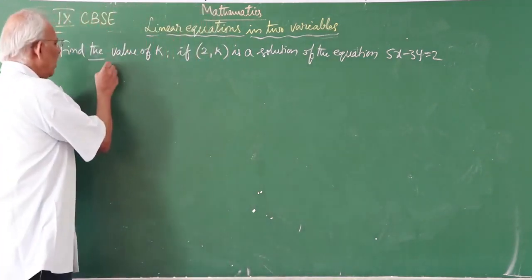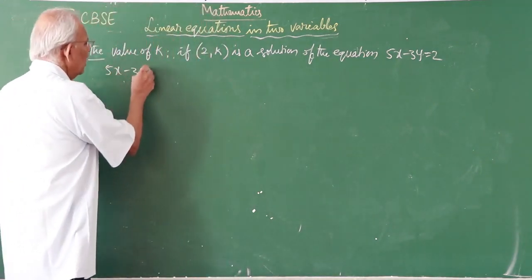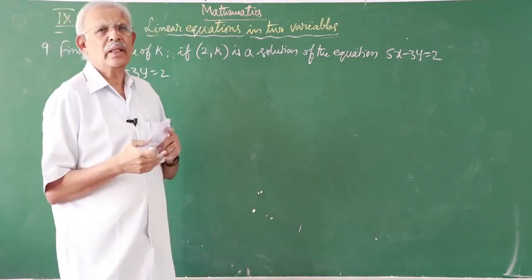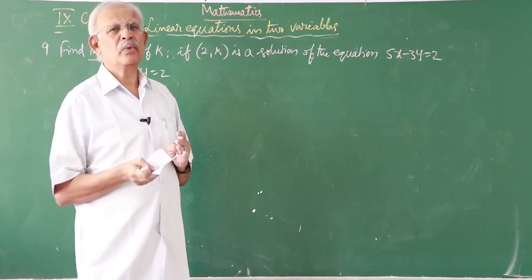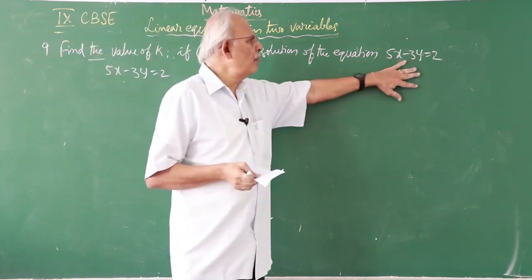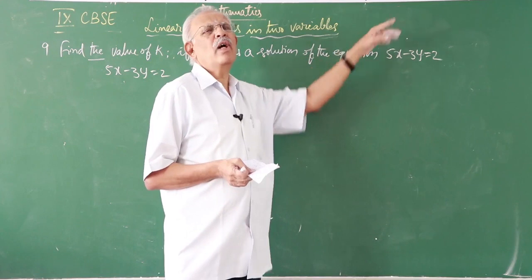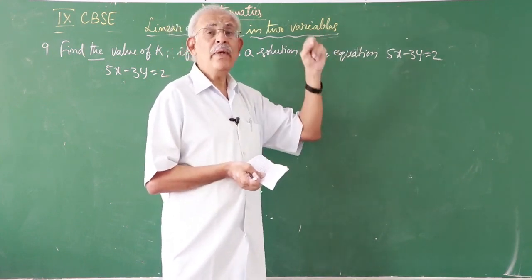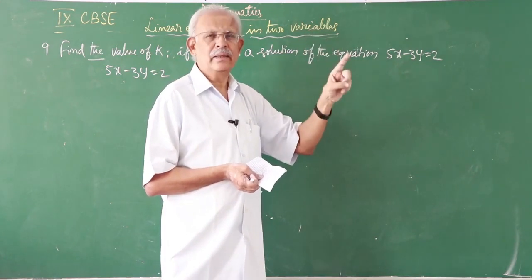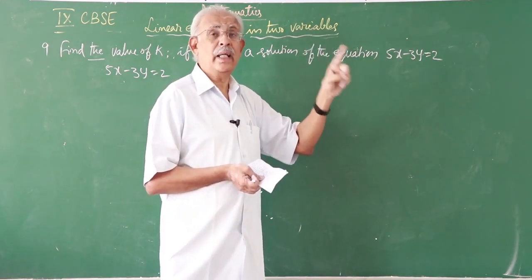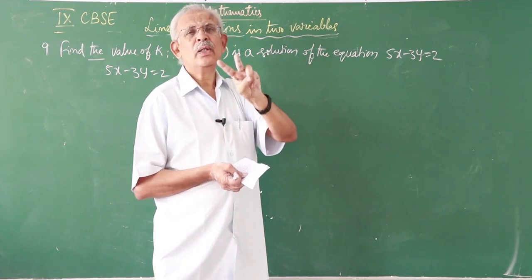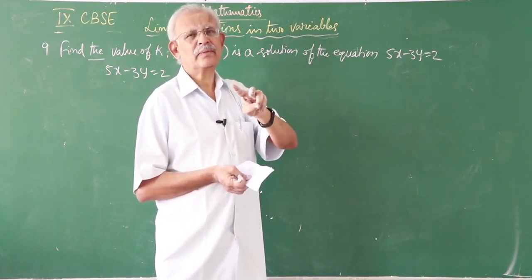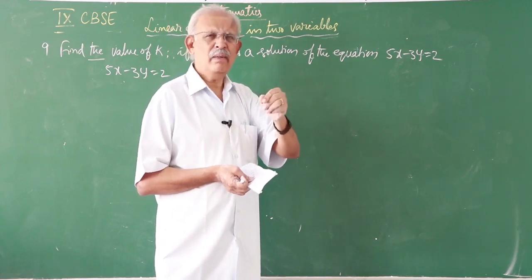Look here, 5x minus 3y equals 2. By the way, one more thing, additional information that I wish to give you is, if you draw the graph of this, it will be in the form of a straight line, that I have told you already. Every point on the line corresponds to a pair of values of x and y, or vice versa.